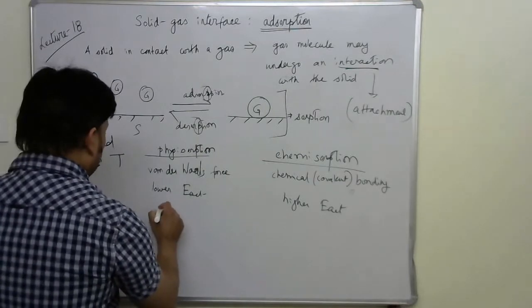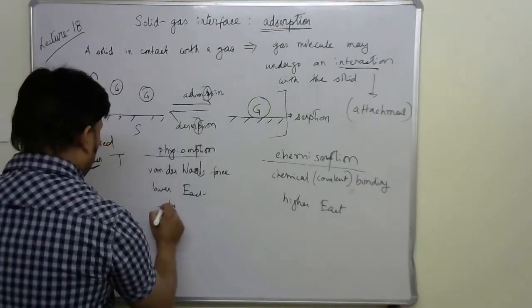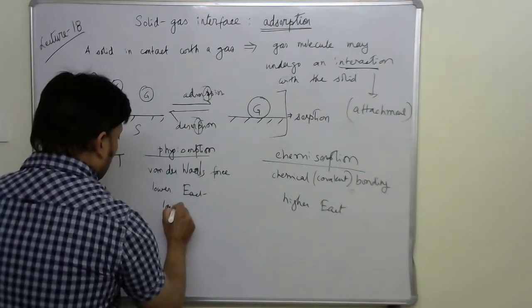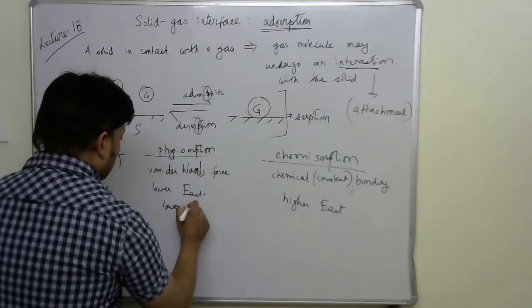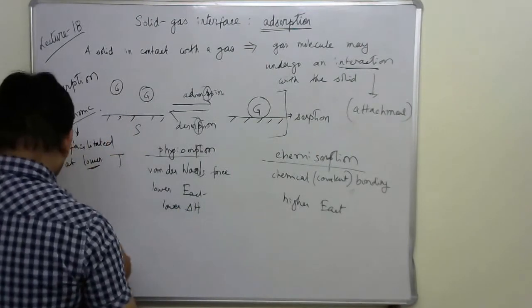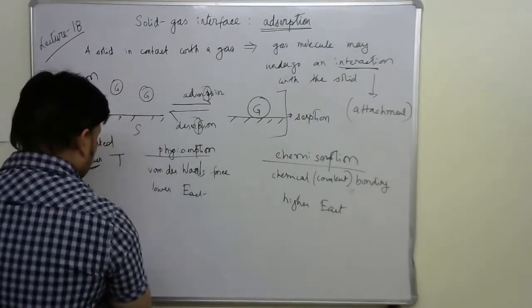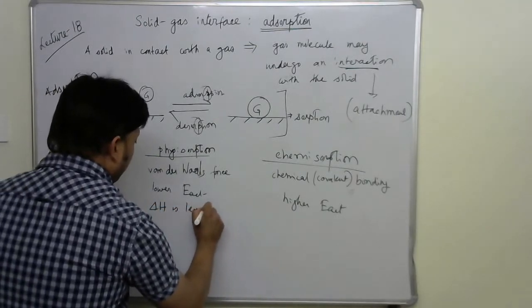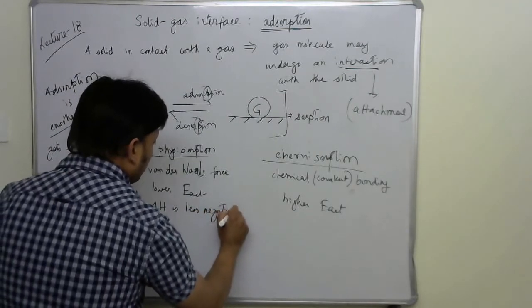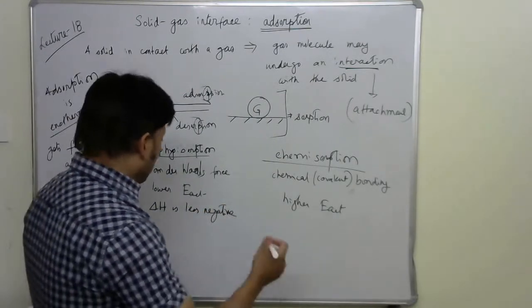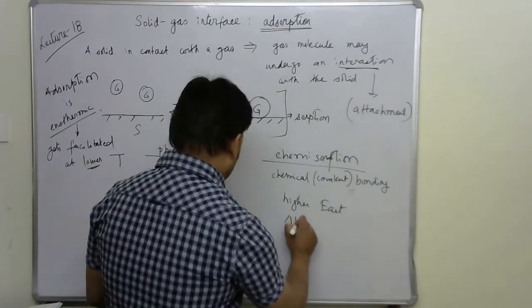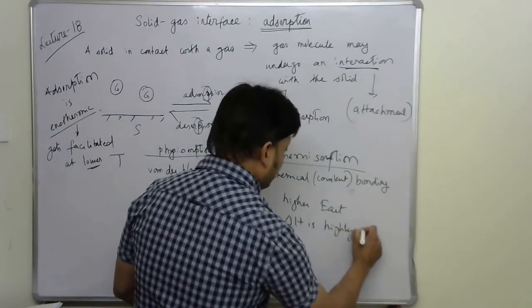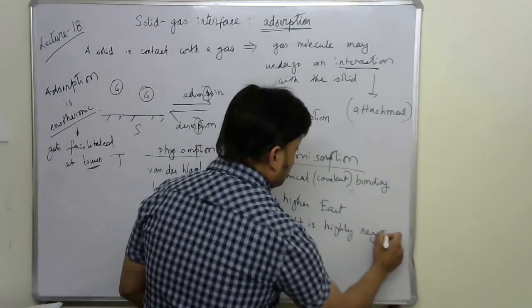So one is, physisorption has lower delta H, or you can say delta H is comparatively less negative, but it is negative so that the adsorption process becomes spontaneous. And for this one, the delta H is highly negative. Okay, so that is another difference.